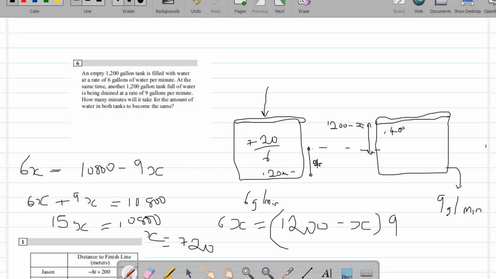This is actually correct, but there's a swap of this, because the draining actually isn't here. Rather, this is where the draining is. It's actually correct, but this is where 480 is, and this is where 720 is. You see, 1200 minus 720 will still give you 480 down here.